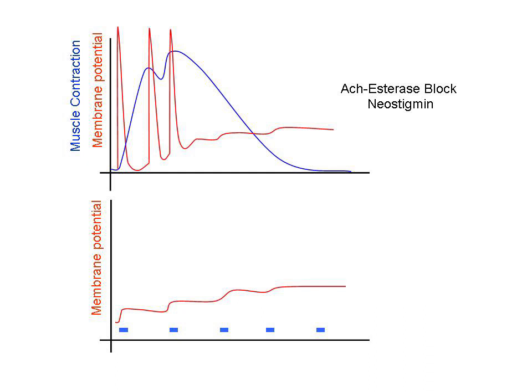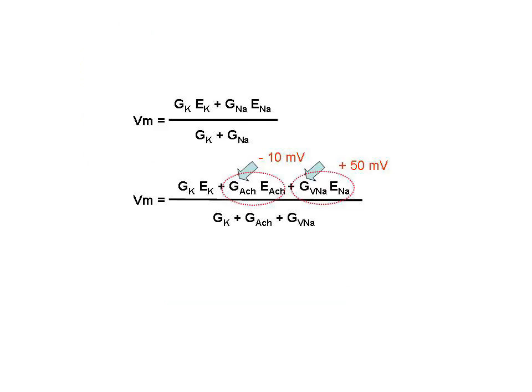There is also another mechanism which is a little bit more difficult to understand. You can see here the reason for that. If you think about the effect of voltage-gated channels, the GVNA increases, and then it means that the membrane will depolarize towards E sodium, which is plus 50 millivolts. However, for this to occur, the GVNA should be comparable to the other conductances.